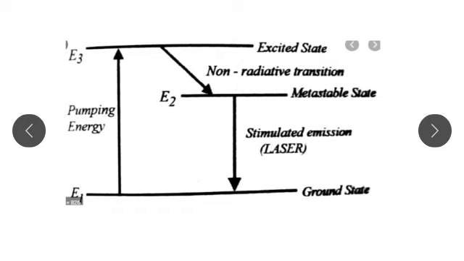This is the ordinary excited state, because the atom remains in that excited state for a shorter time, and then it returns to the second energy state, which is called the metastable state, because the atom remains in that excited state for a longer time. After completion of lifetime, it returns to the ground energy state.